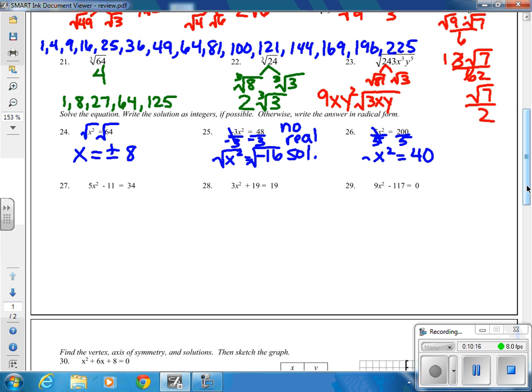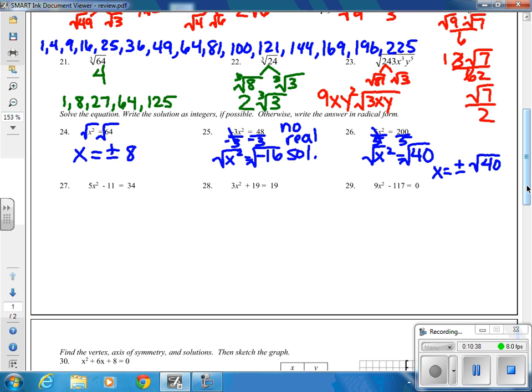40 is a positive number, so when I go to square root both sides, my answer is going to say x equals plus or minus. But if you look at the square root of 40, it is not a perfect square. So it tells us in our directions that if it's not, then we have to write the answer in radical form. There's two possible ways to do this, and I will accept both. Just leaving it radical 40 with a plus or minus sign in it is fine.